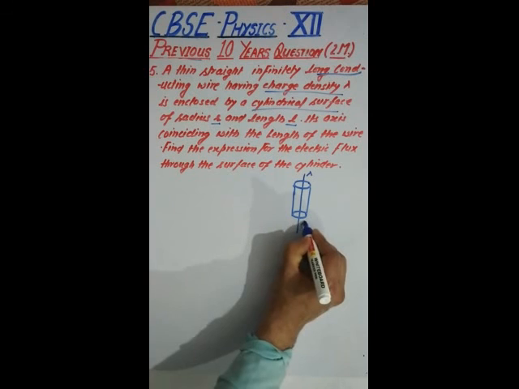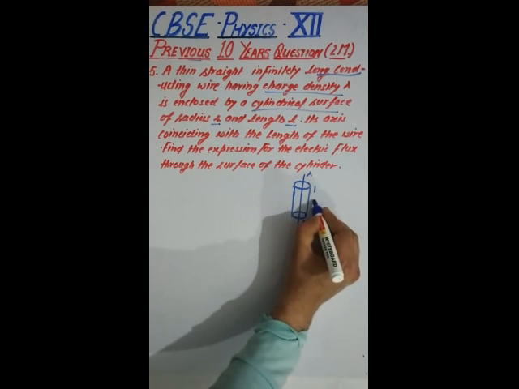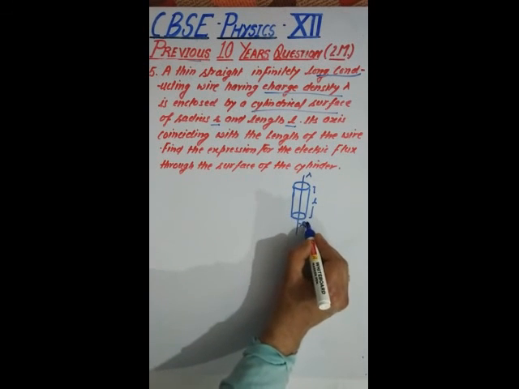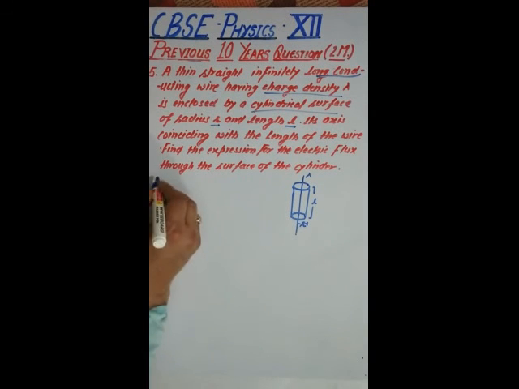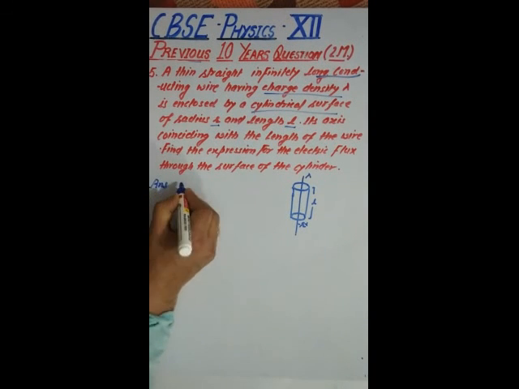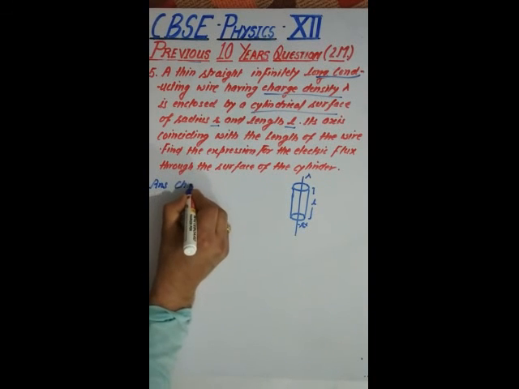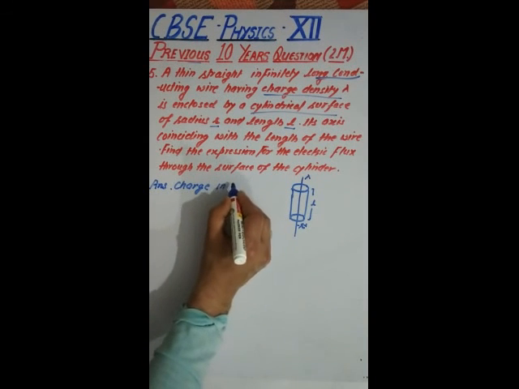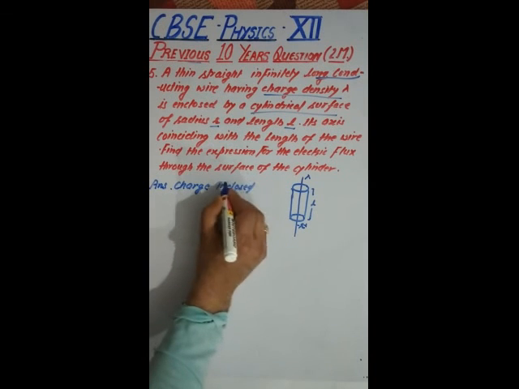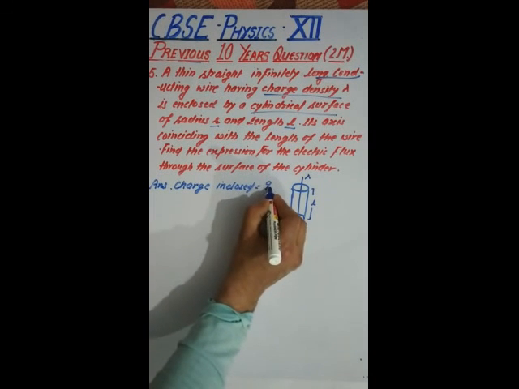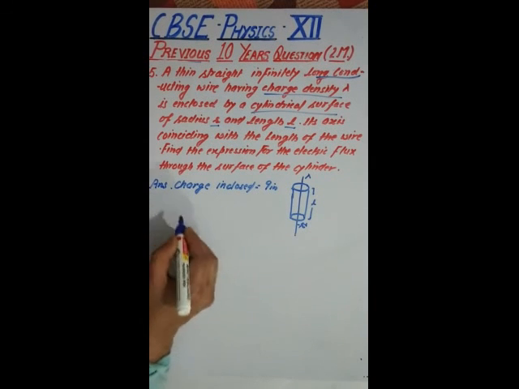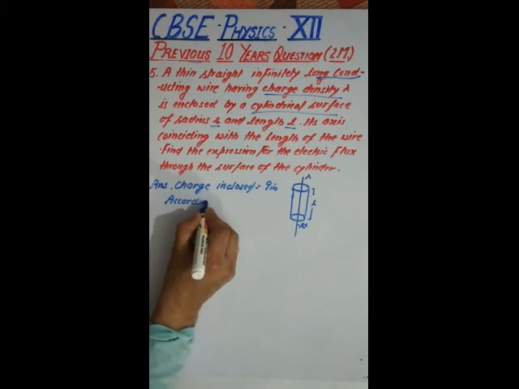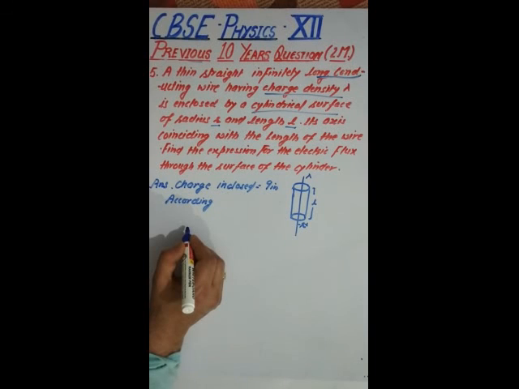The radius of the cylinder and the length L are given. Then the charge enclosed is represented by Q. We know, according to which law?